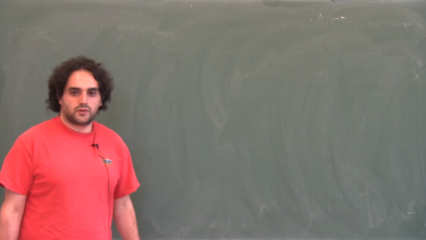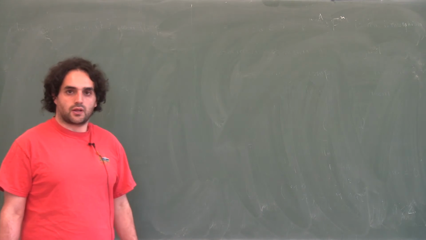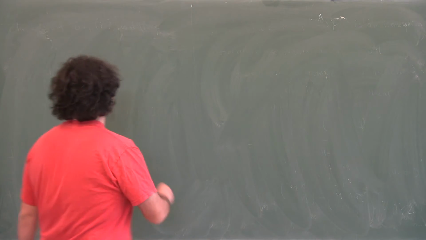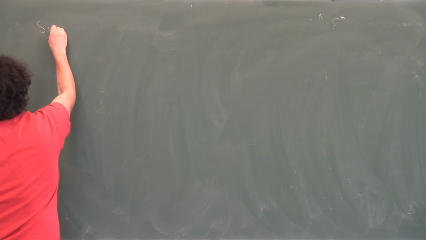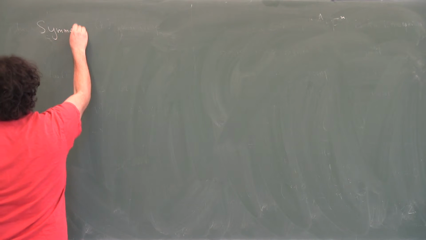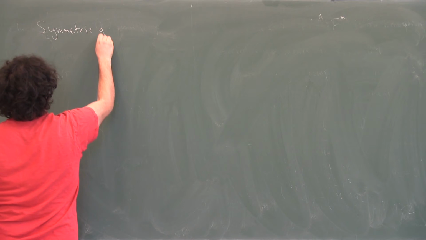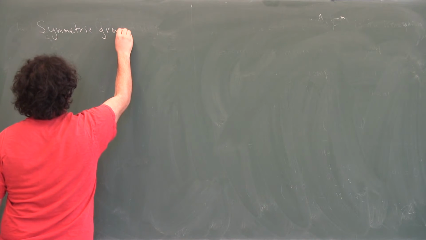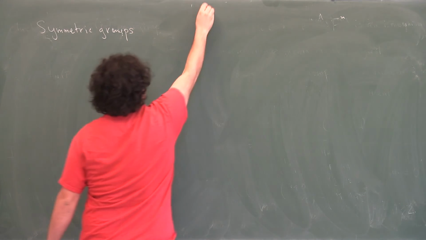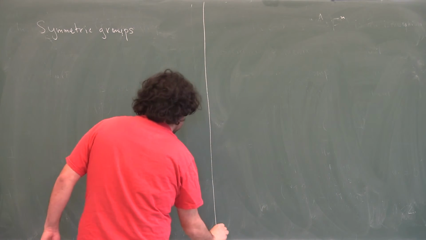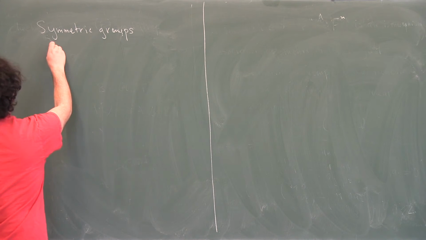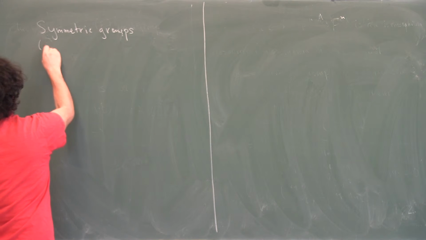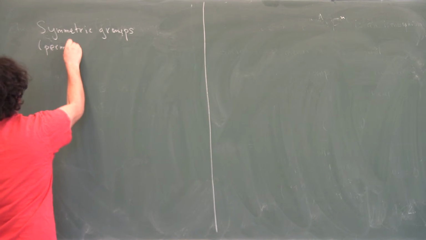Okay, so now let's see another very important example of groups called the symmetric groups, also known as permutation groups.